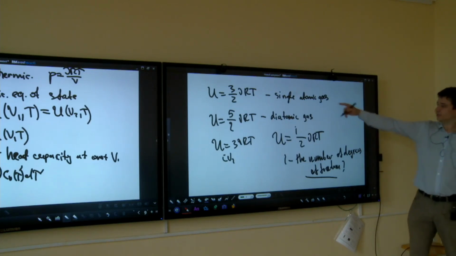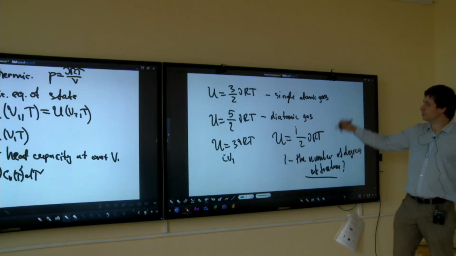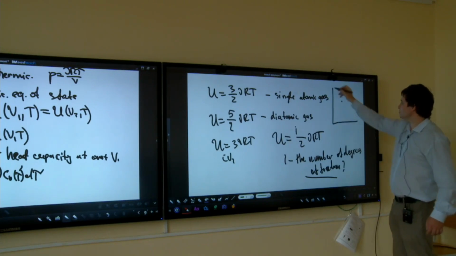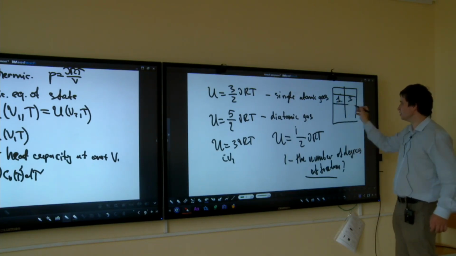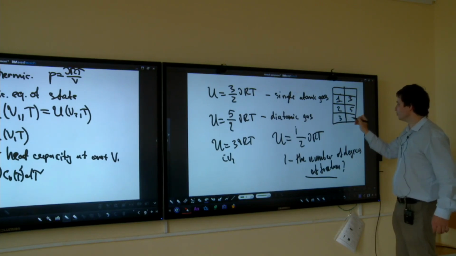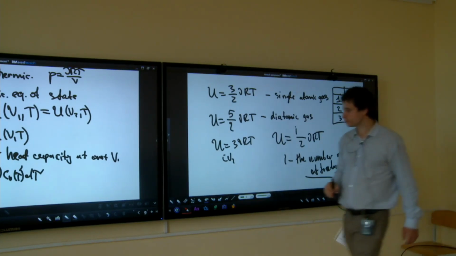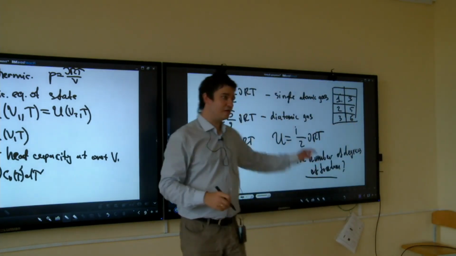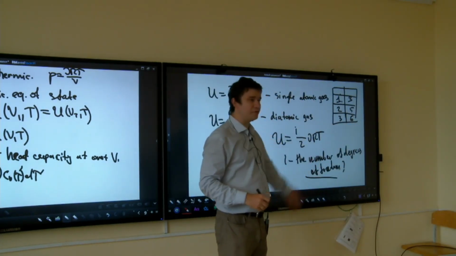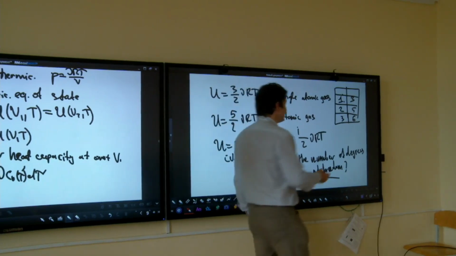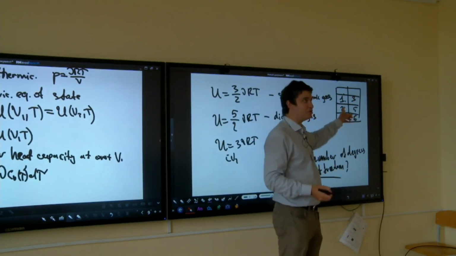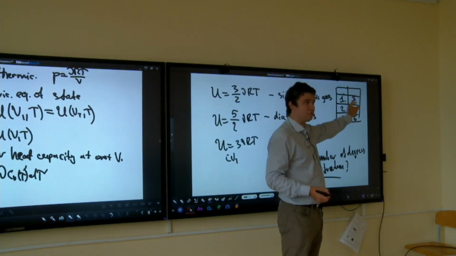This number of degrees of freedom is related to the number of atoms in one molecule. When you have one atom, the number of degrees of freedom is 3. When you have 2, it is 5. When you have 3 and more, it is 6. To give you a hint about what this degree of freedom actually is, it's the number of variables required to describe the motion of one molecule.